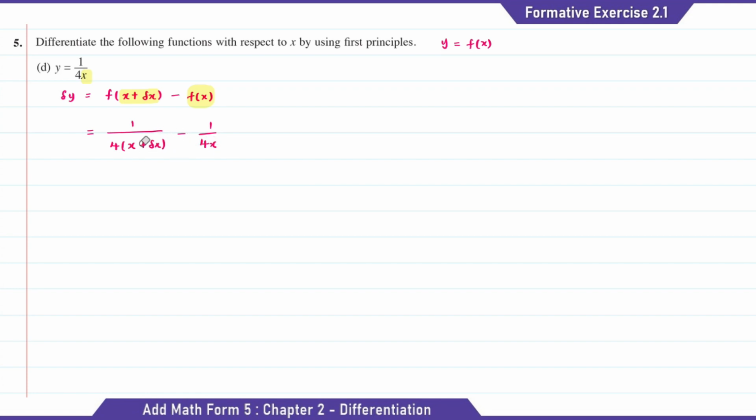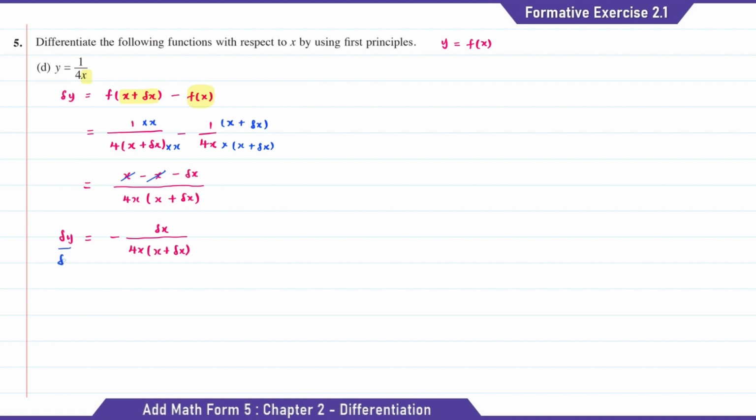To solve this, I will need to equalize the denominator. So this is equal to (x minus (x plus delta x)) over 4x(x plus delta x). So here x minus x will be cancelled. So this will be the delta y.